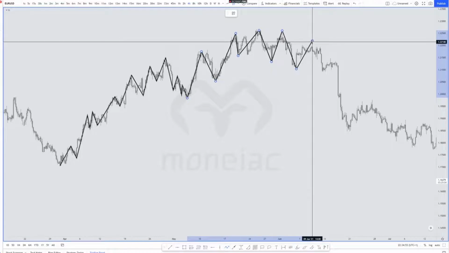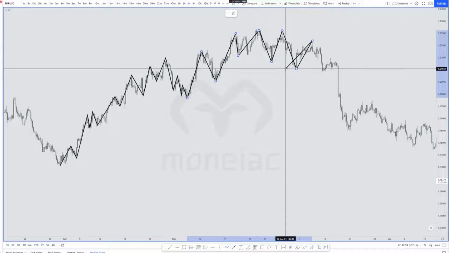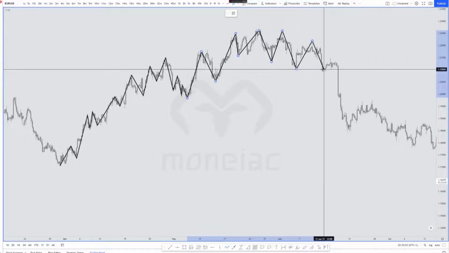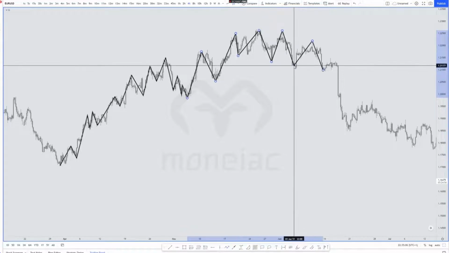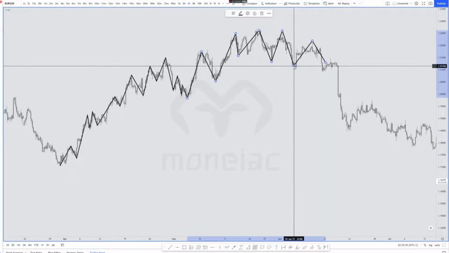Now if you look, I can't tell. I'm going to move this over, but I think this is a point of market structure. Yes, it is. Okay.